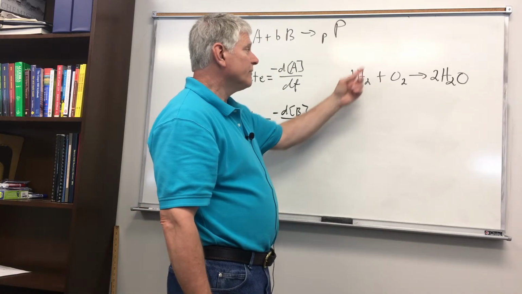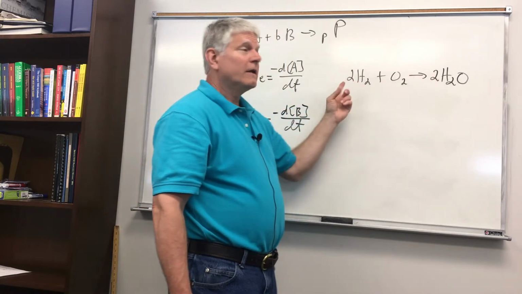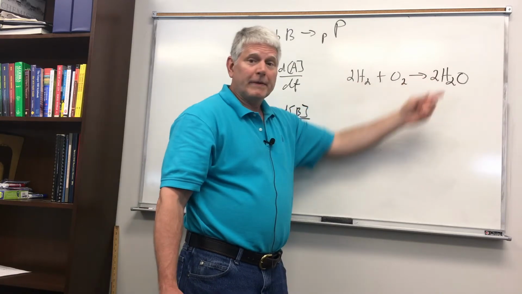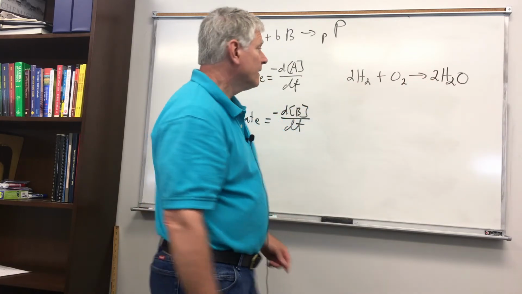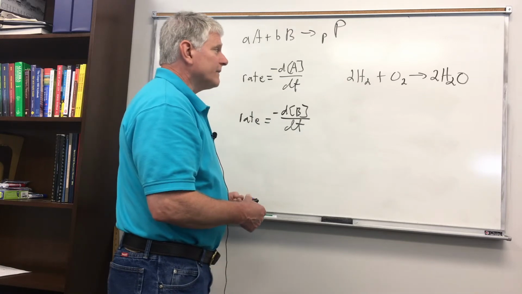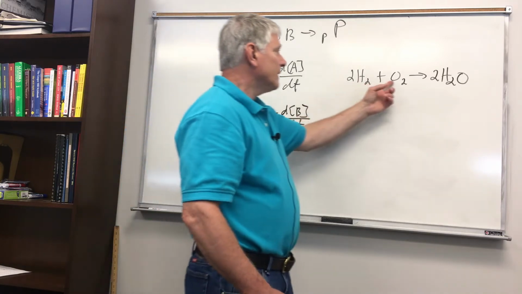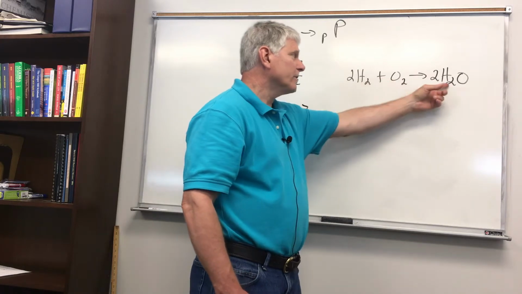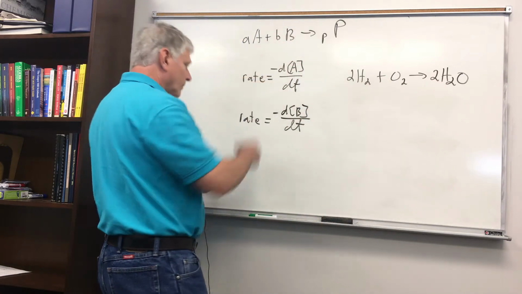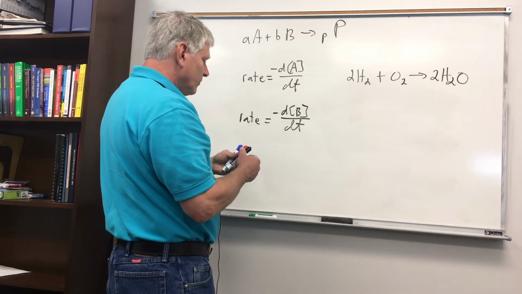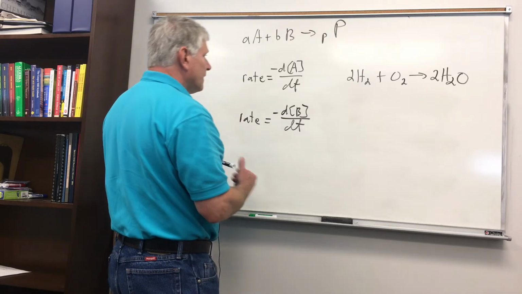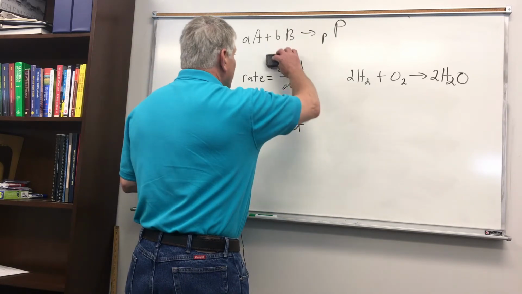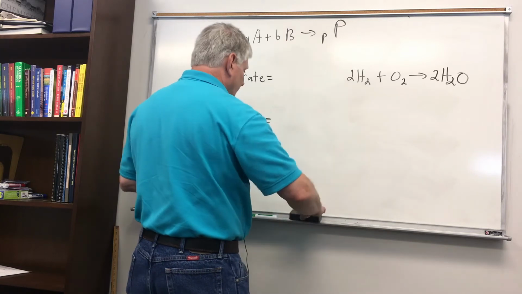But hydrogen and water disappear and appear at the same rate. So we want to be able to have the same rate no matter what we reference it to in the reaction, whether hydrogen, oxygen, or water, or A, B, or P. And so what we do is we divide the rates by the stoichiometric coefficient.